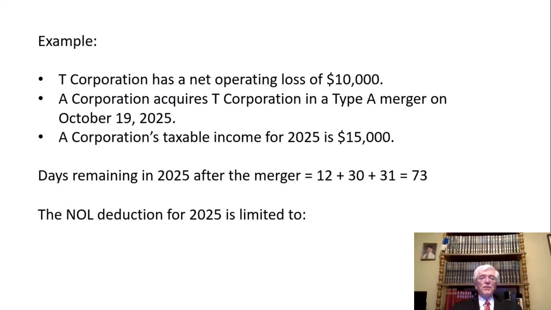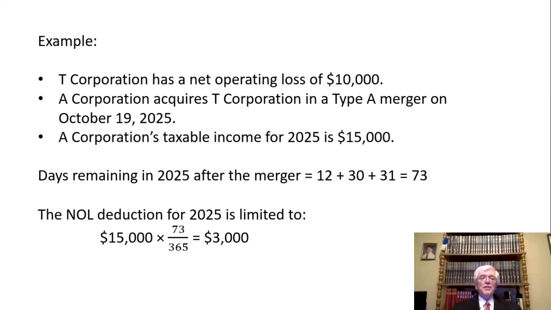The deduction for 2025 is going to be limited to, well, A Corporation's taxable income for the entire year is $15,000. Multiply that by 73 over 365, which is exactly 20%. And so $3,000. We can use T's net operating loss in 2025 to the extent of $3,000.